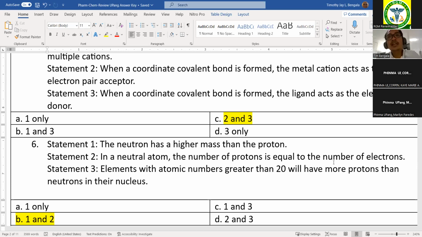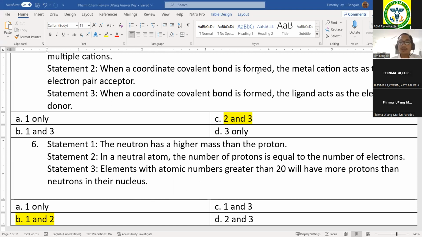Yung isang element can have different isotopes because the proton number, or the atomic number, will not change, but the mass number can change because the amount of neutrons can differ per isotope.